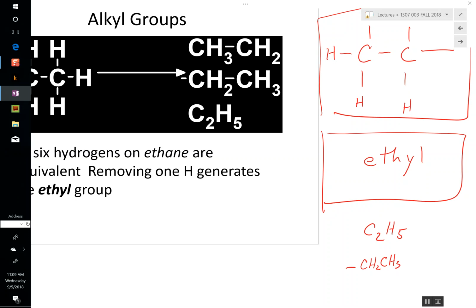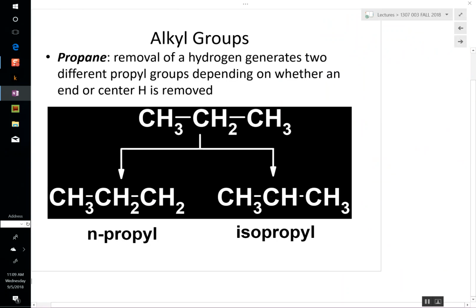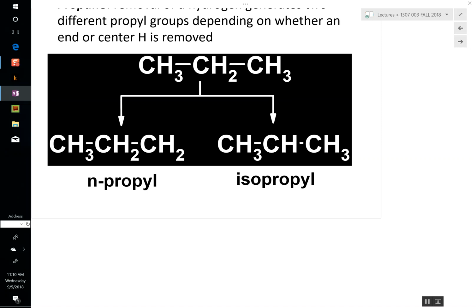It's a propyl group. So this is our third substituent. Here is our propyl group. We're taking a hydrogen off of either one of the ends, and we get a propyl.